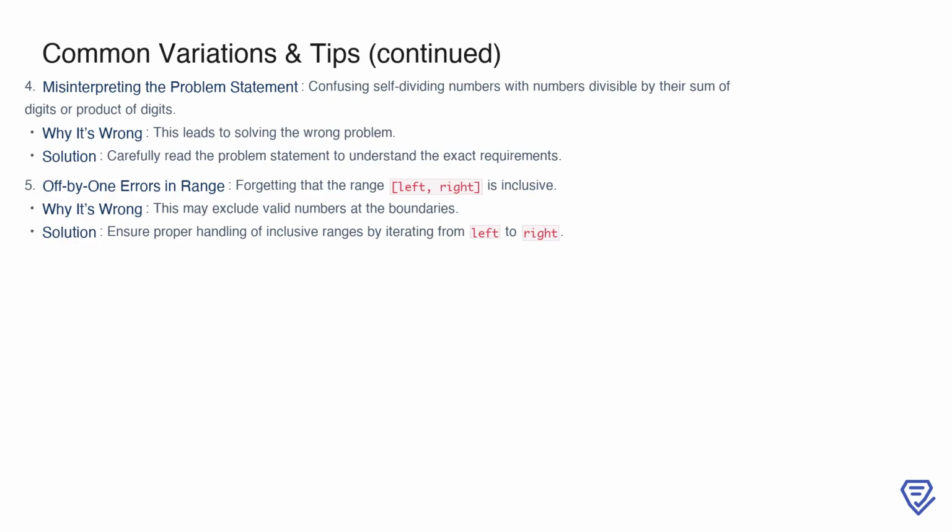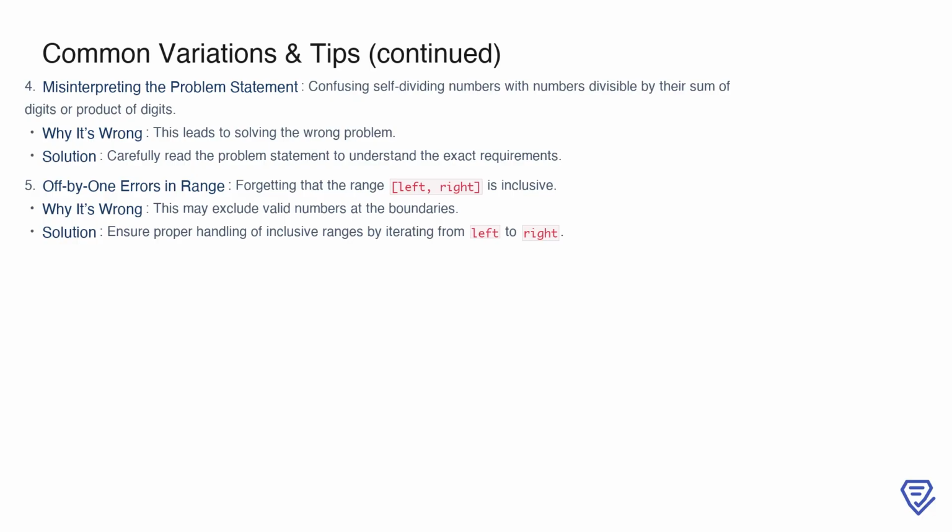Additionally, off-by-one errors in handling the range, left, right, are a frequent source of bugs. Since the range is inclusive, forgetting to include either boundary can cause you to miss valid numbers. The solution is to ensure your loop covers all numbers from left to right, inclusive. Being precise and thorough with these details will help you avoid unnecessary frustration and ensure your solution meets the problem's expectations.